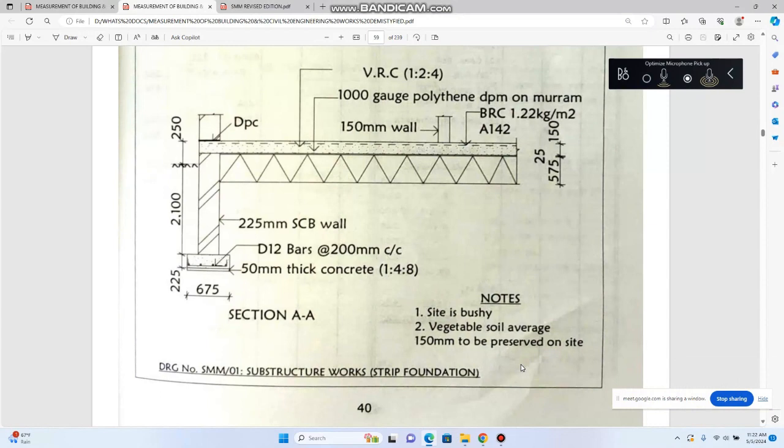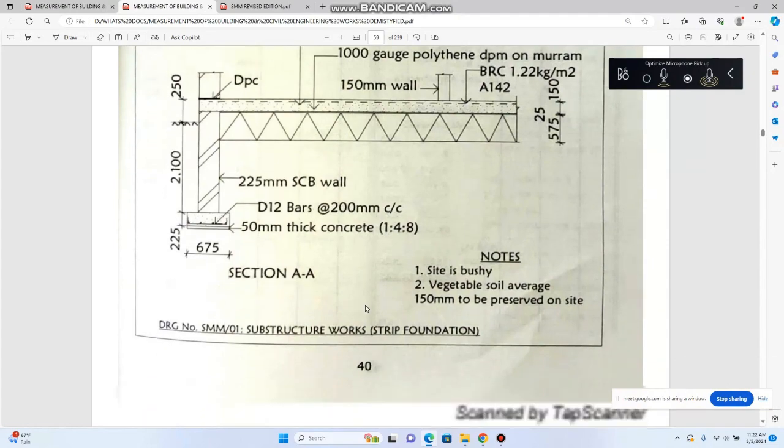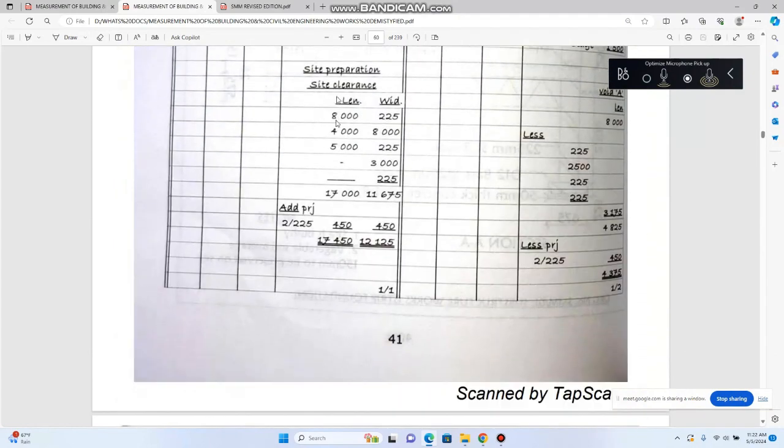Sometimes in some drawings, they will give you in the notes, you add working space of 1 meter all around the building. That is where we shall add 1,000 on each side of the length. You will take the external dimensions: 17,000 plus 2,000, 11,675 plus 2,000.